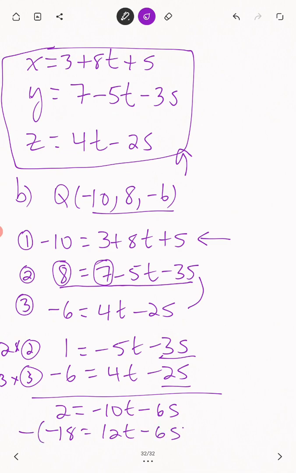And now I'm going to subtract the second equation from the first. I'm putting my answer over here because I don't have room to put it there. So 2 minus negative 18, that's 20, equals negative 10t minus 12t, negative 22t. And I think I did something wrong because that does not seem to make sense to me.